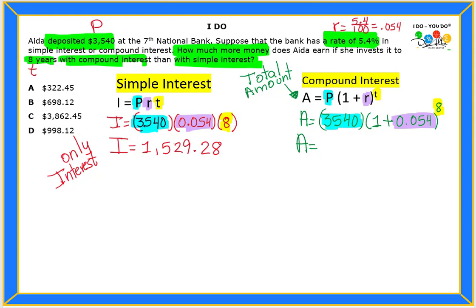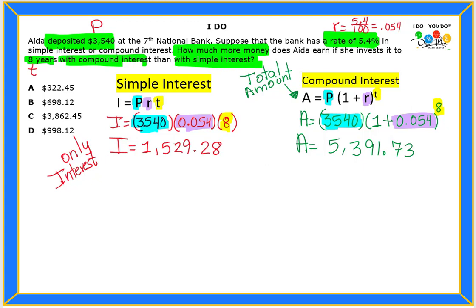So if I input all this on the calculator, okay, I will get $5,391.73, okay? Now, that's not the final answer. A means the total amount. If I want to compare how much more money would she earn, okay?